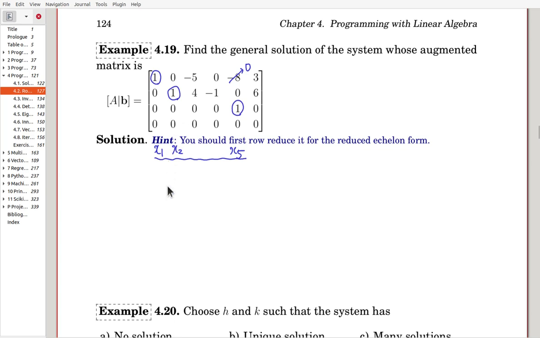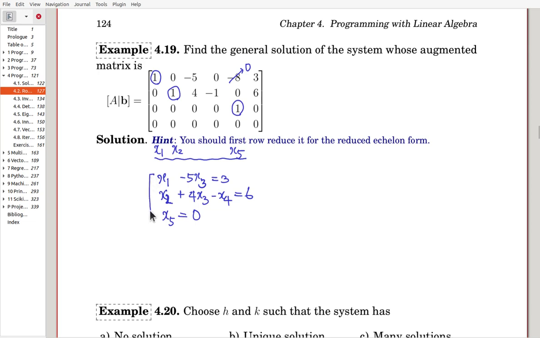We write down the equations: x1 minus 5x3 equals 3. Then, from the second row, x2 plus 4x3 minus x4 equals 6, and the third row says x5 equals 0.